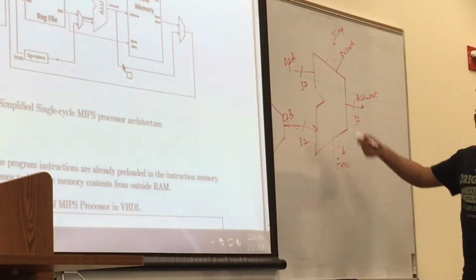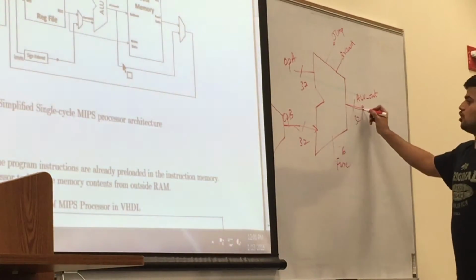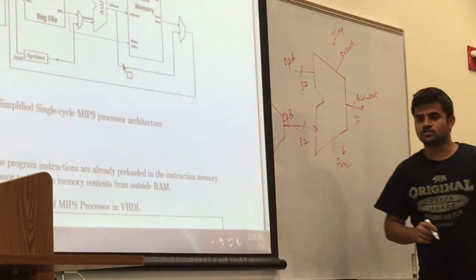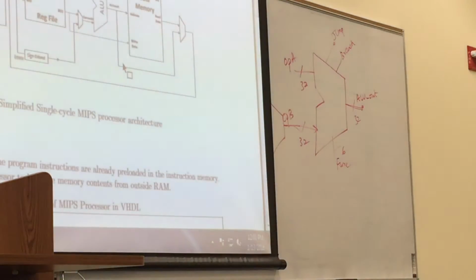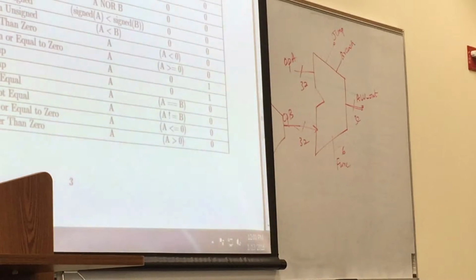So this function decides what operation the ALU does, and based on that you will get the output. Clear? Those operations are given in the table.